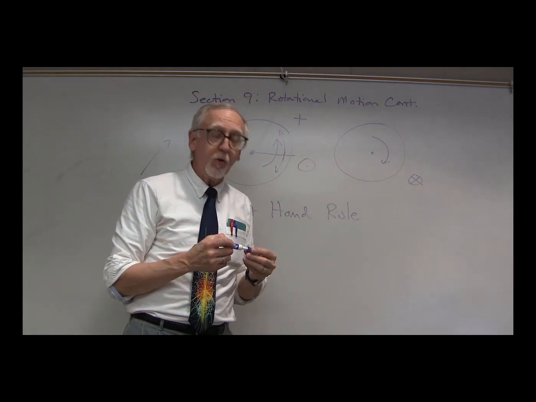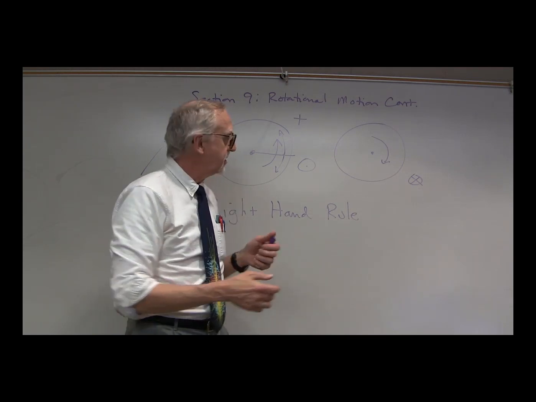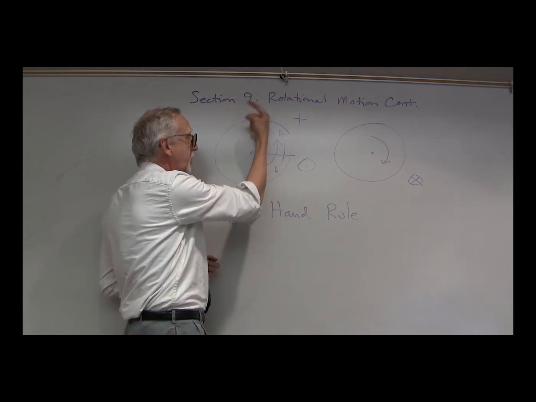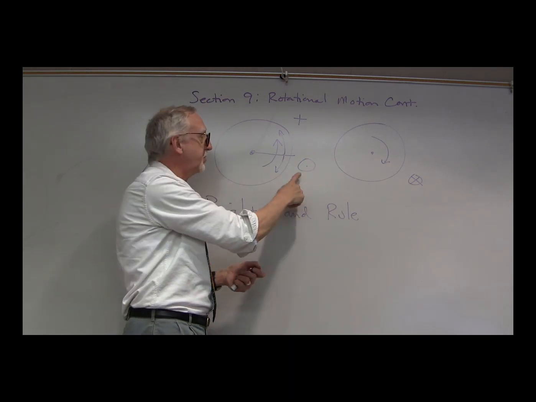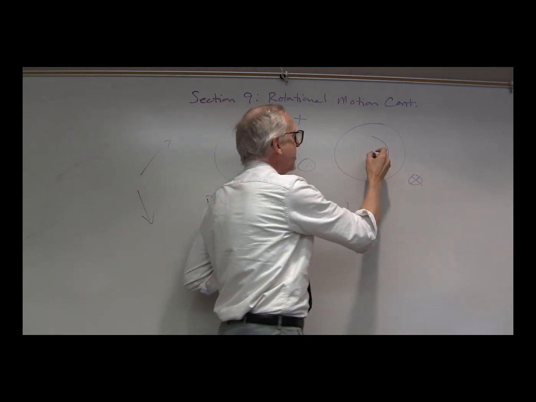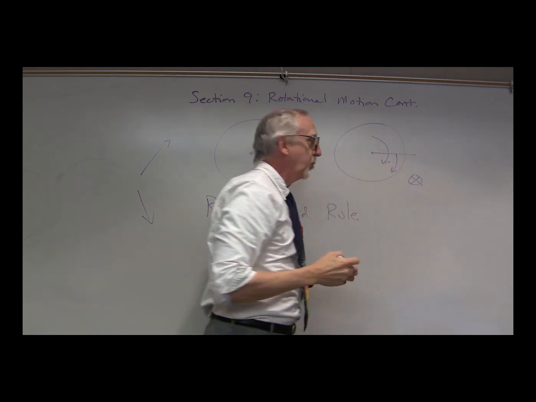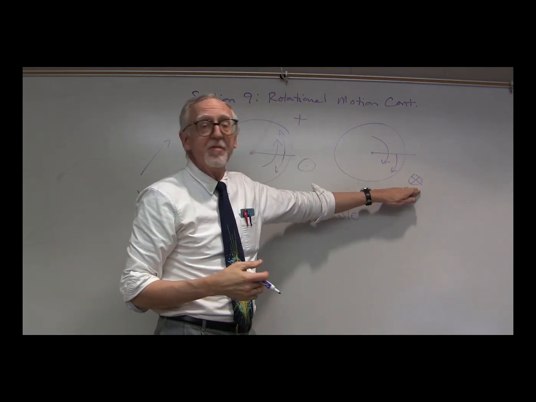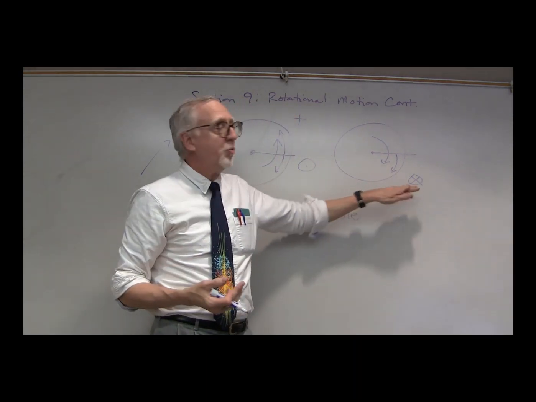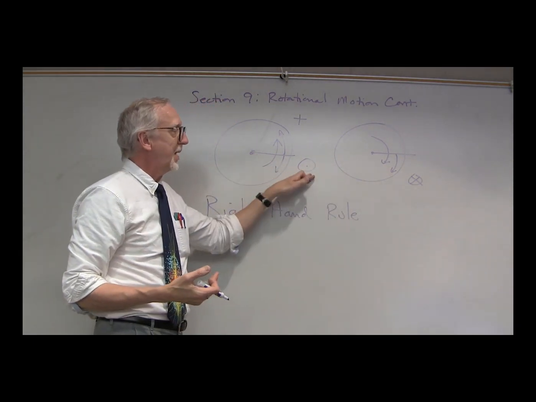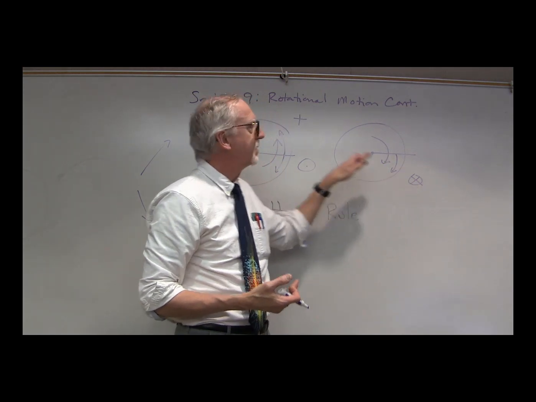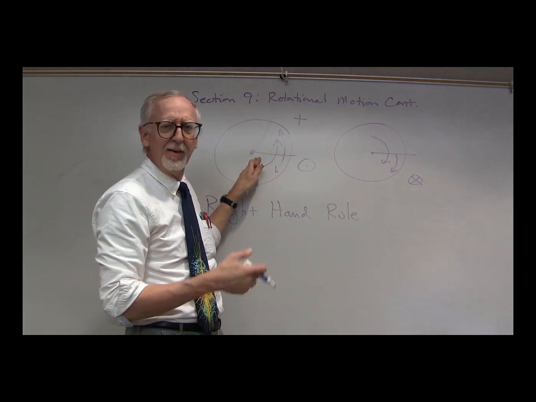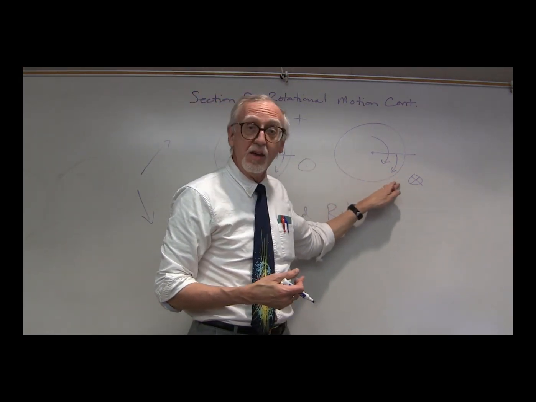Now that's true for angles. As I said, angles measured this way, we would have a direction out of the board or a positive direction. Angles measured this way, we would say would be negative angles or have a direction into the board. Rotations counterclockwise, out of the board; clockwise, into the board.